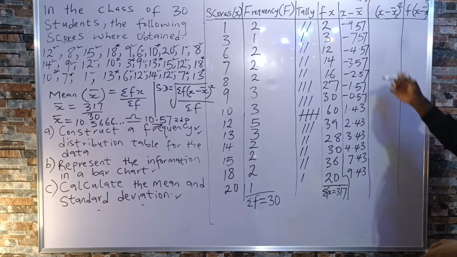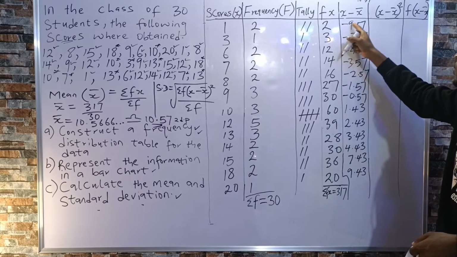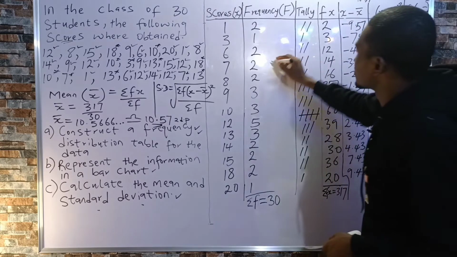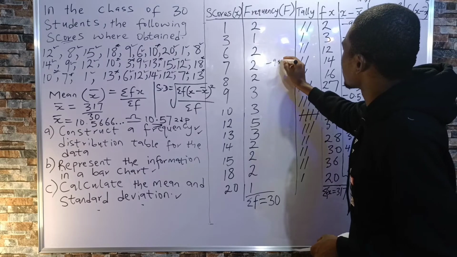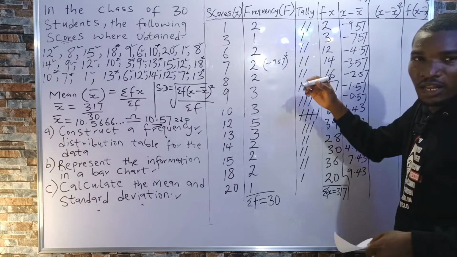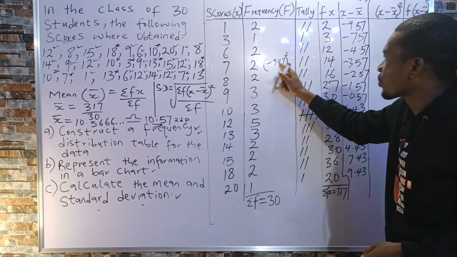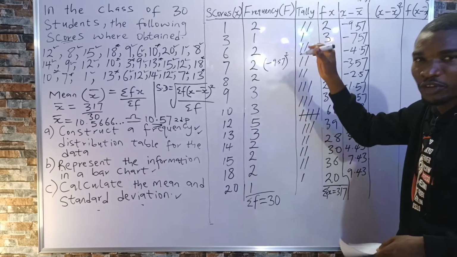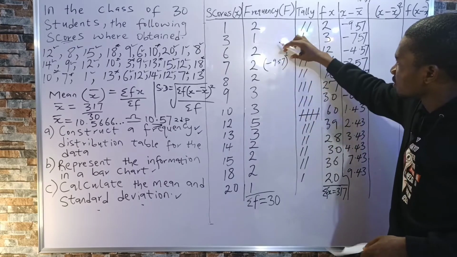So what do I do? I will then say negative 9.57. This is what I mean. Negative 9.57. Then I will now square it. So with my calculator, I will punch negative 9.57 multiplied by negative 9.57. That is multiplying it by itself. That is the meaning of square.